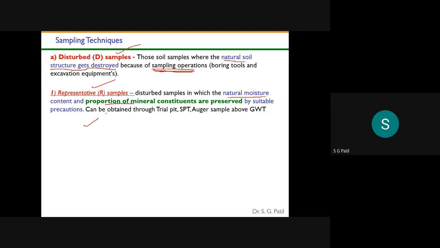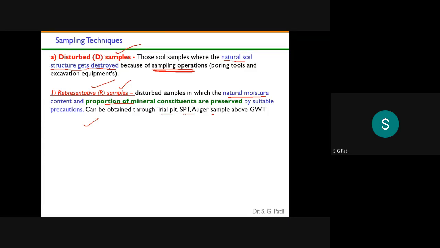This is very important. It can be obtained through a trial pit, channel penetration test, or auger sample. Those kinds of samples are called representative samples. Of course, it is a disturbed sample, but you are preserving the proportion of mineral constituents.